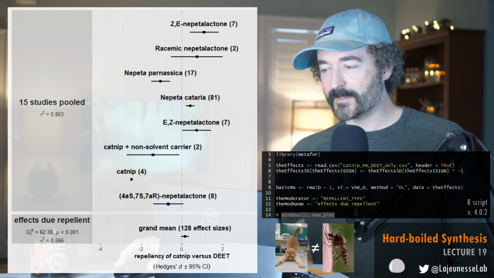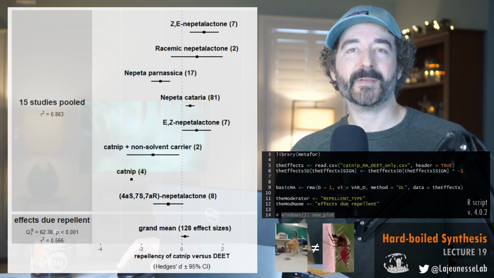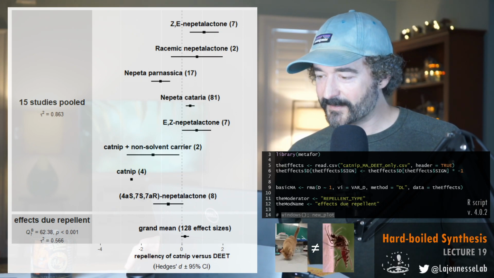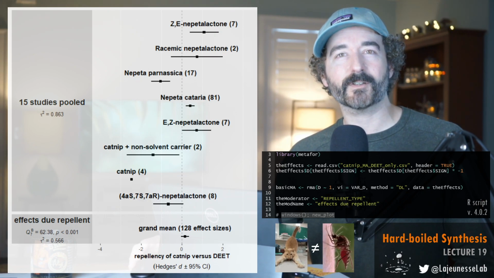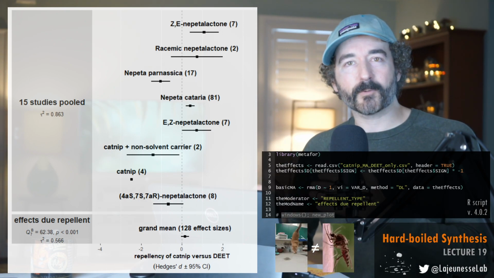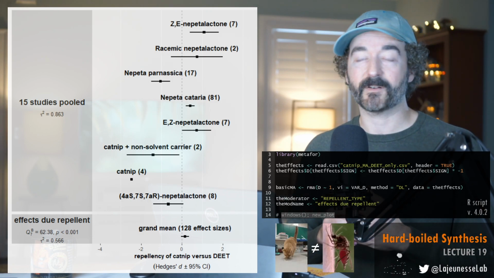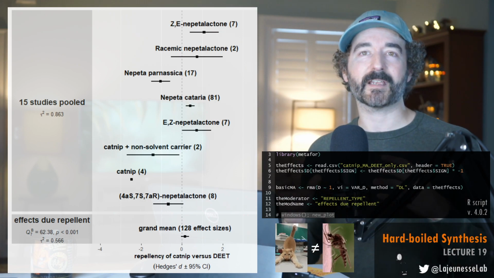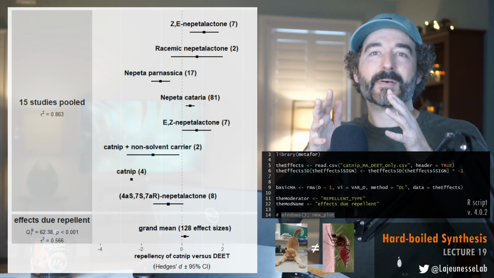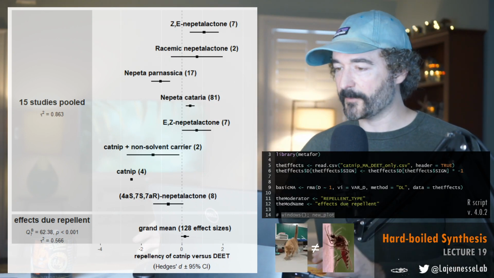Okay, one last one. The last one is to simplify this. So a big chunk of meta-analysis is to create these groups, but this group is diverse, and some of these things you could group together, like the isolated compounds, and the essential oils ones. And so that's what I'm going to do here, is group together a lot of these things. Even though nepetalactone is an isomer and has 2 different variants, I'm just going to group those together.